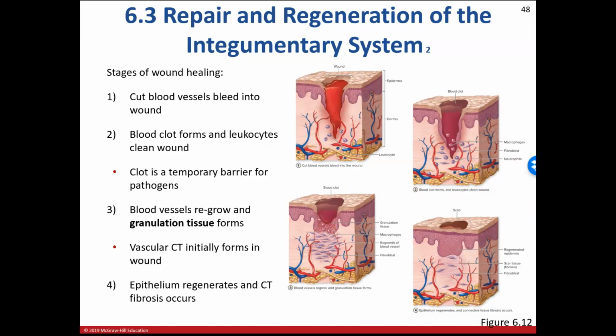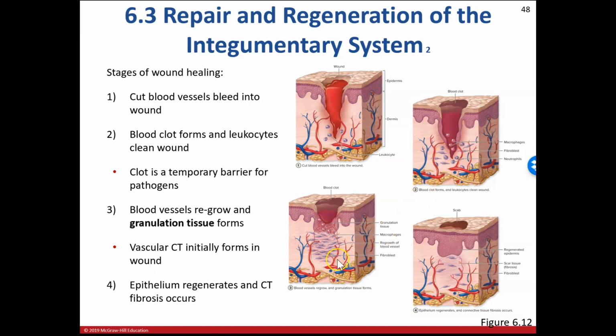Now here are our stages of wound healing. When we are cut and have a wound, those blood vessels are going to be damaged and bleed into the wound. The blood is then going to clot and form leukocytes in the clean wound, and the clot will be a temporary barrier for pathogens, so they can't go further in and invade the tissue here.